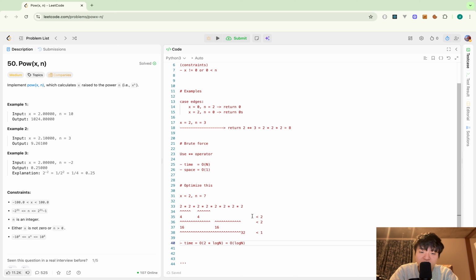Okay. So log n of base 2. But this is the ideal case. Let's say I have something like this, and this. In that case, I have to calculate this, but I can ignore this as a constant factor. What I mean to say is, let's say I have to calculate 2 to the 11. Yes.